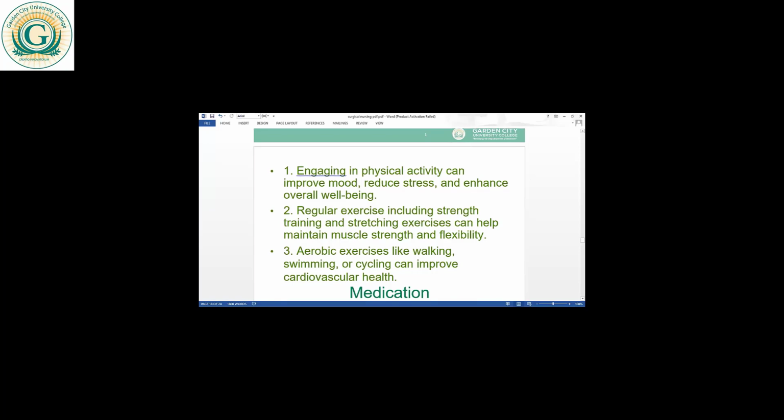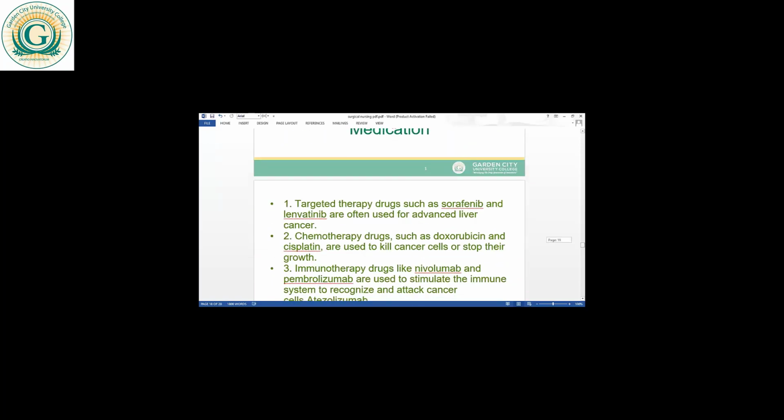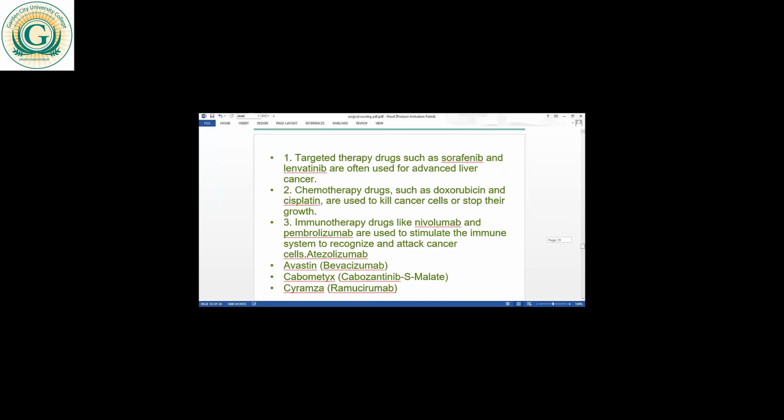Talk of medication. And here under medication, he said targeted therapy drugs such as sorafenib and lenvatinib are often used for advanced liver cancers. Also, chemotherapy drugs such as doxorubicin and cisplatin are used to kill cancer cells or stop their growth.